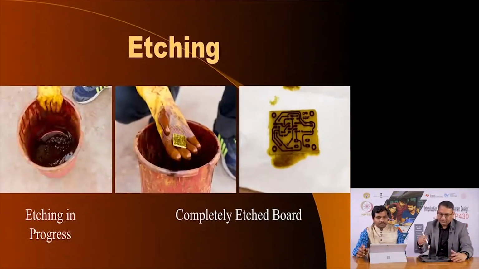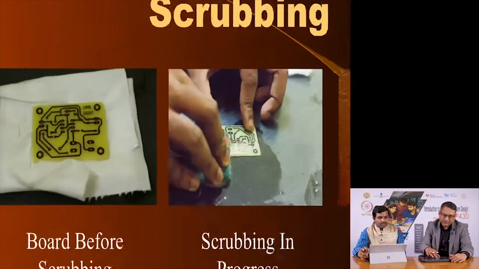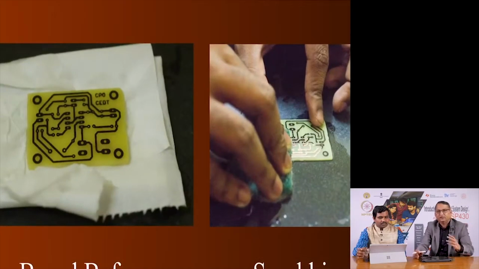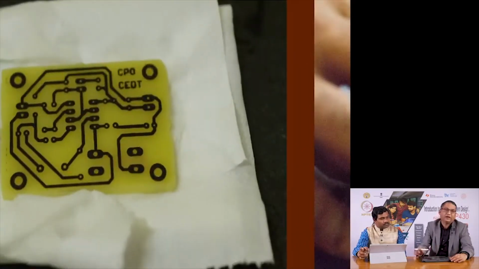Now, you need to go to the next stage, which will involve washing and scrubbing the PCB. So, it should be thoroughly rinsed in flowing water, and you could use soap also to clean it, and then you use any method to scrub and remove this print that you got from the laser printer.